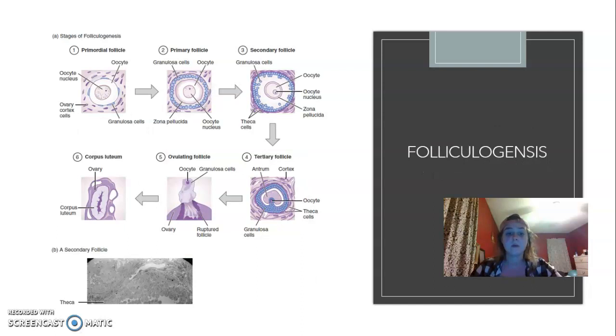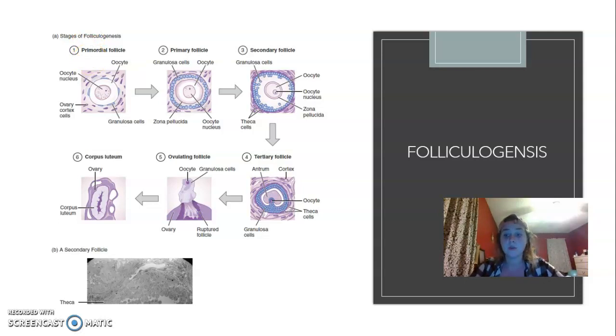So next we are going to be talking about the actual eggs in the ovary, or as we can refer to this, folliculogenesis. So this is basically the process of that ovarian follicle undergoing growth and development. And it usually starts off, as we can see in step 1, as the primordial follicle.